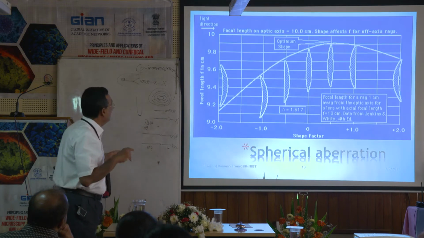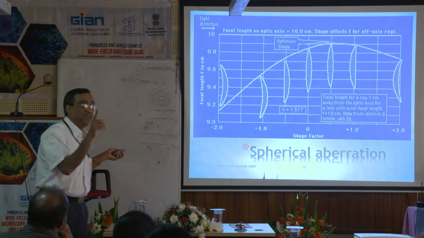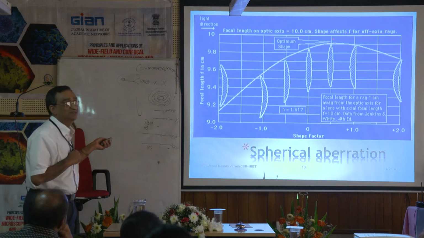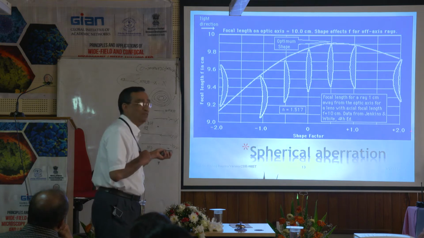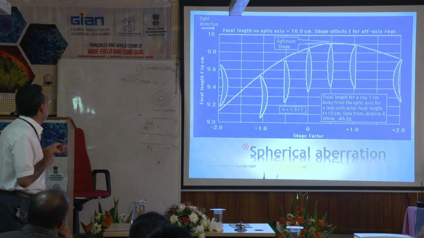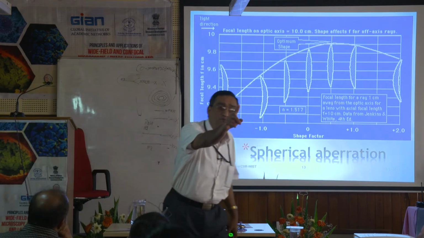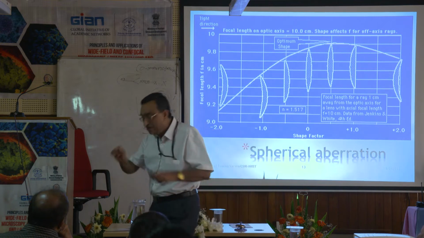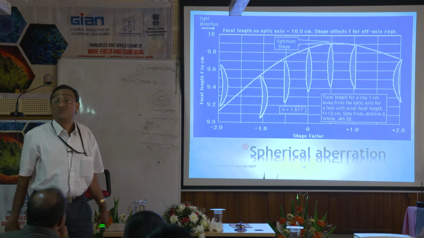Therefore, what is the result of this? The result is that I have a lens having a focal length of 10 centimeters. If my shape factor varies from minus 2 to plus 2, my focal length will vary from 9.2 centimeters to 9.9, about 0.8 to 0.9 millimeter elongation on your focal length.